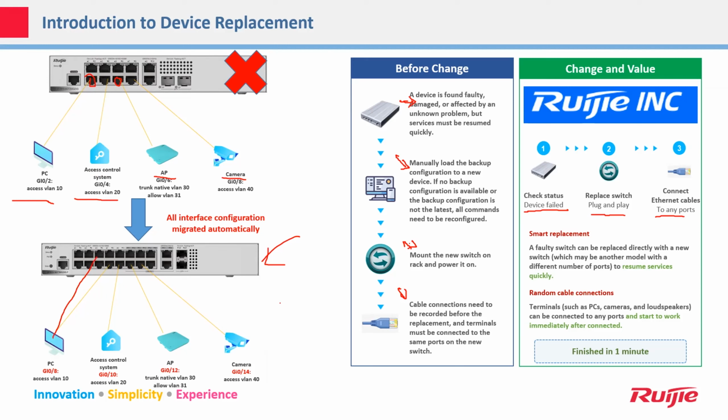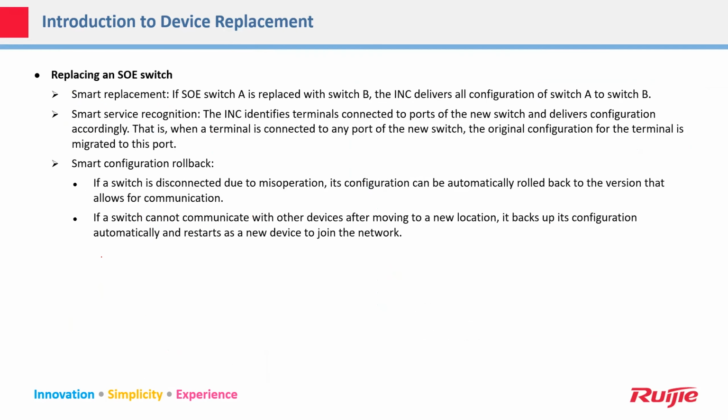It can detect that the PC used to connect with port 1, and now it's connected with, maybe, port 8. So INC can automatically find out and deliver the configuration of port 1 to port 8 in the new switch. You can see it's very smart and very convenient. This is the device replacement.